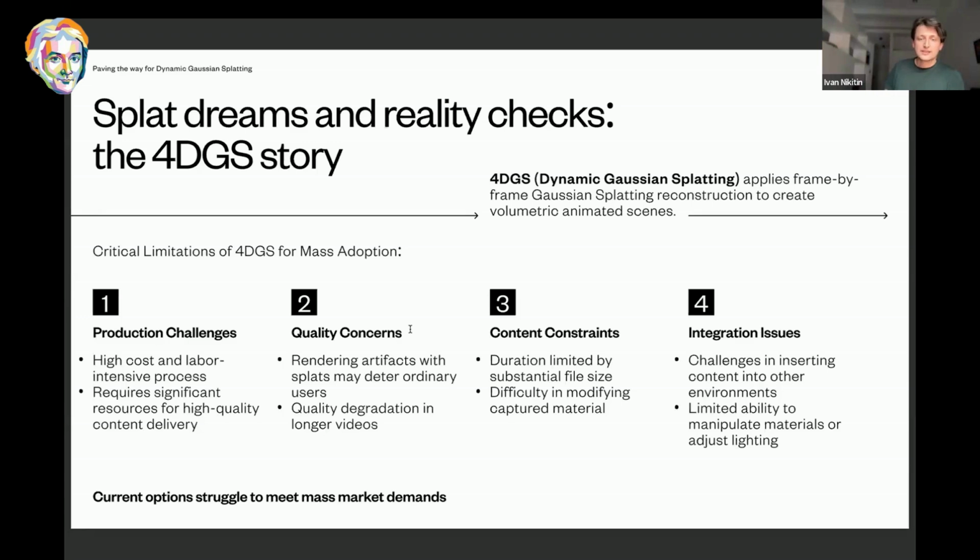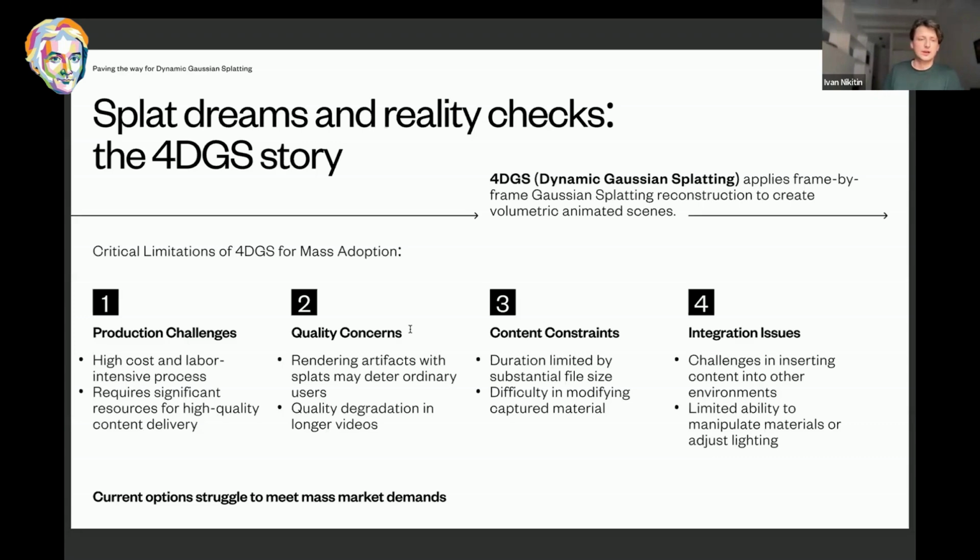Some very interesting works started to appear, specifically in academia, demonstrating the potential of Gaussian splatting for dynamic content. But there are still some challenges. For capturing something as a dynamic Gaussian splatting scene, we need a whole load of high quality cameras.